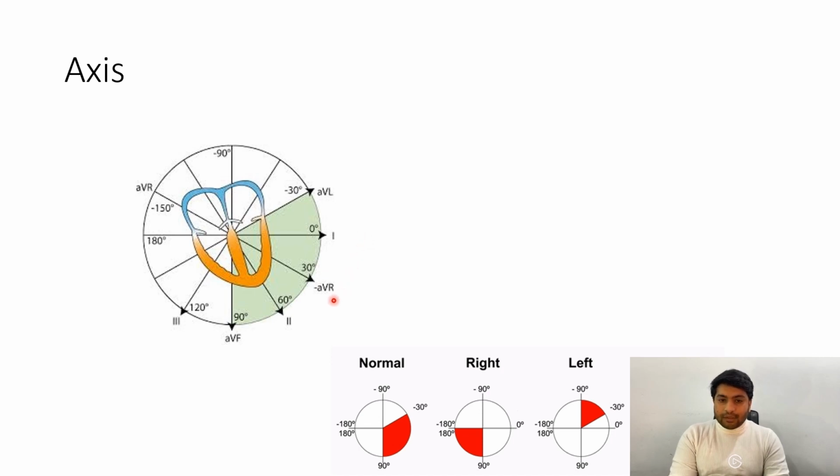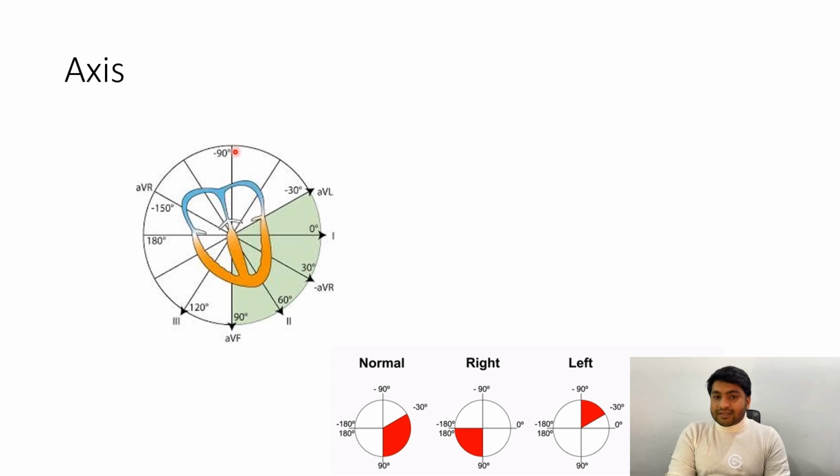Okay. So what happens if lead AVF is negatively deflected? For example, the normal lead is towards this side, but if it's negatively deflected, we should say that the current is flowing towards this region, towards minus 90 degrees. And if our lead 1 is positively deflected, the current is flowing in this direction.